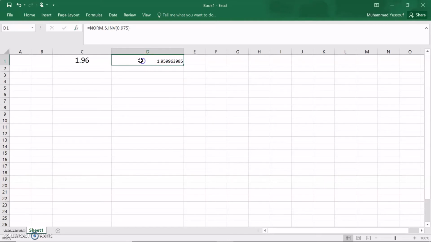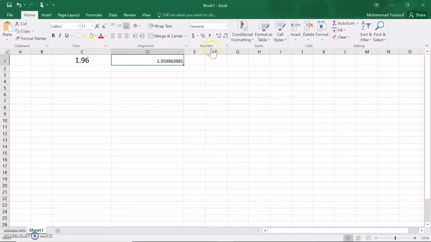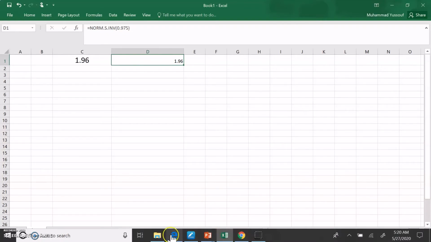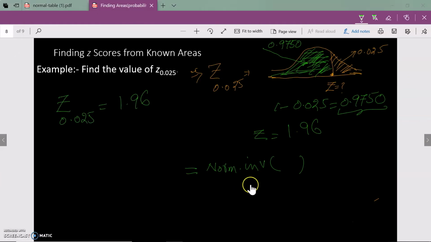Remember, we always round the z-score to two decimal places. You get the same answer, right? Whatever formula you apply, you are good with that. You can use technology, or you can use hand computation. It doesn't matter. You will get the same answer.